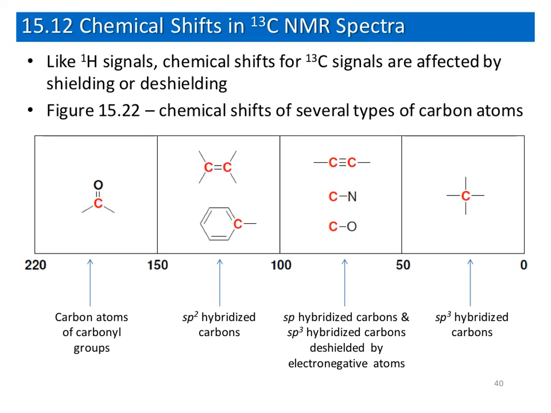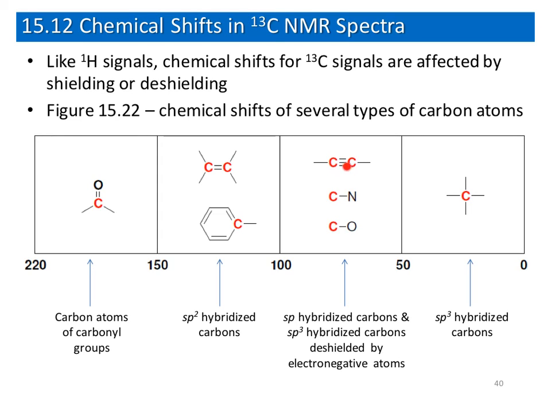So like hydrogen NMR, chemical shift for carbon NMR is also affected by the presence of electronegative atoms. So most of the time with alkane, we see 0 to 50 ppm. If the carbon is connected to an electronegative atom such as oxygen, nitrogen, chlorine, bromine, we usually see them between 50 to 100, and in the same region we see sp hybridized carbon as well.